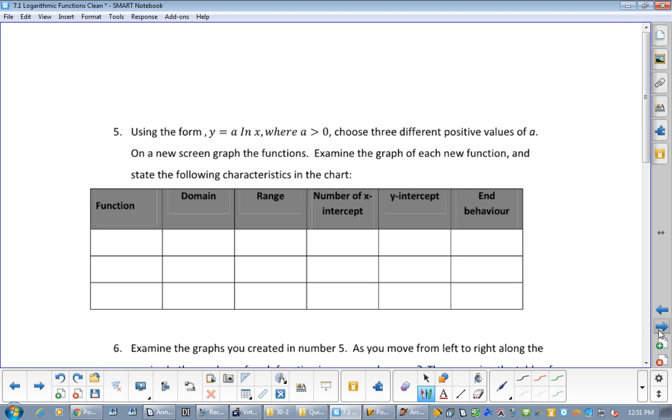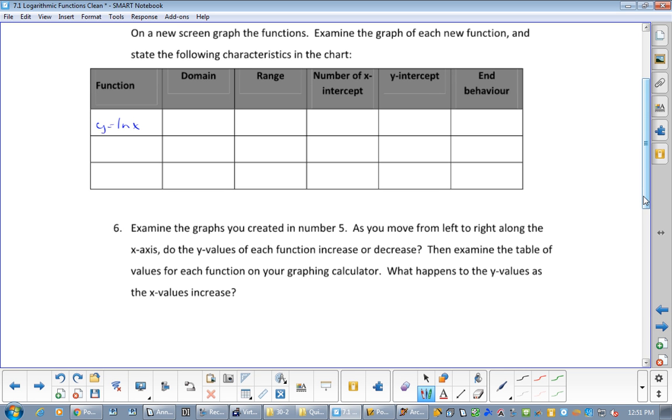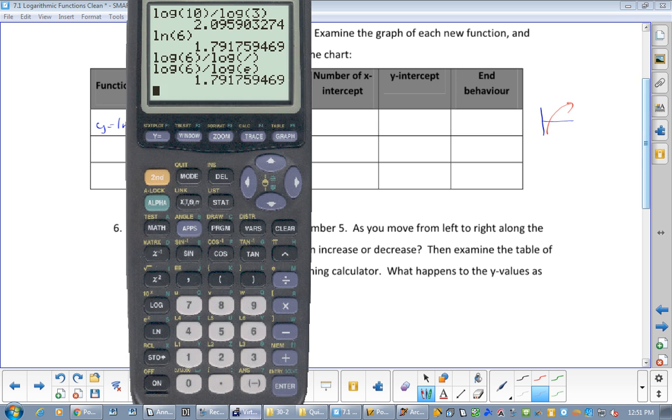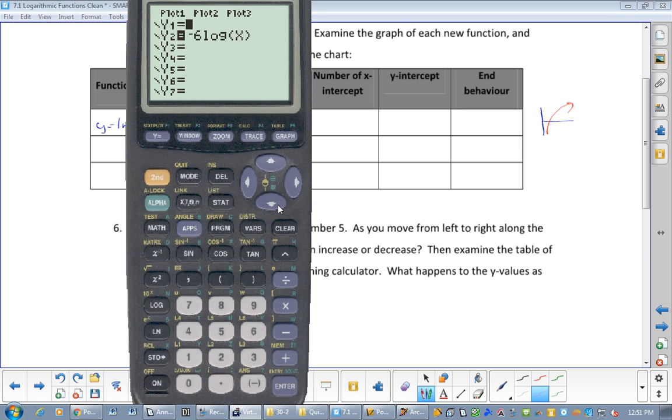Okay, now let's do the function y equals ln x. If you graph that one over here, it'll look like this. I want to put ln x in for you, so it doesn't look like I'm making this up. Okay, and we can still see it's going through 1.